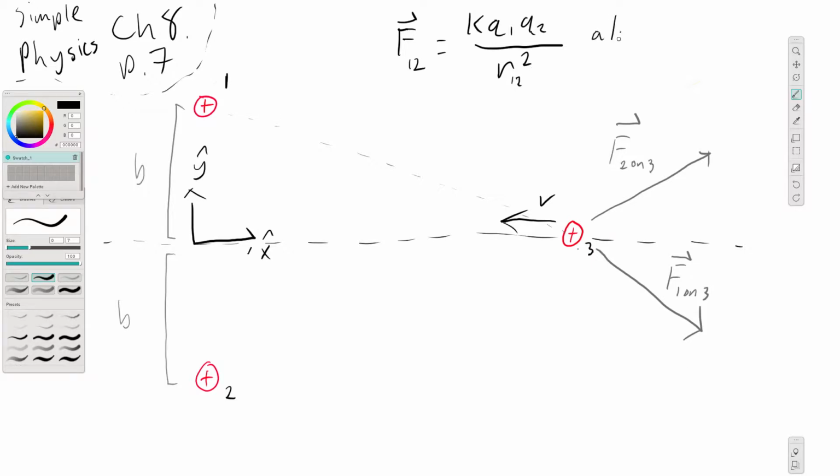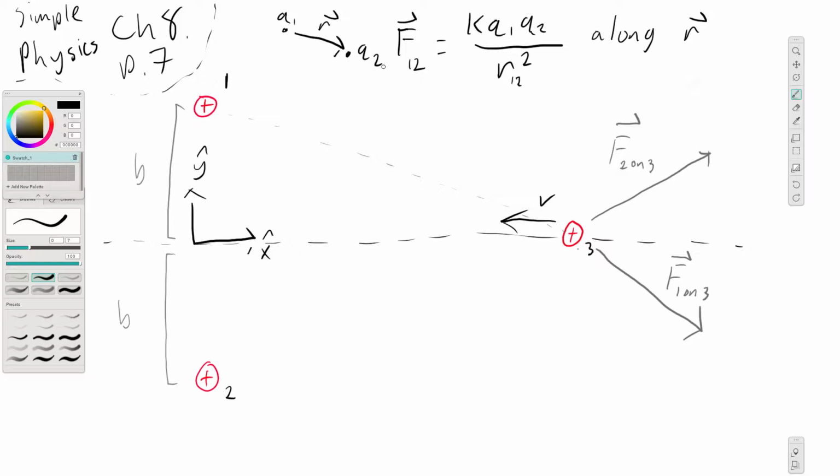And that force points along r, where r is the distance between the two charges. Q1, Q2.